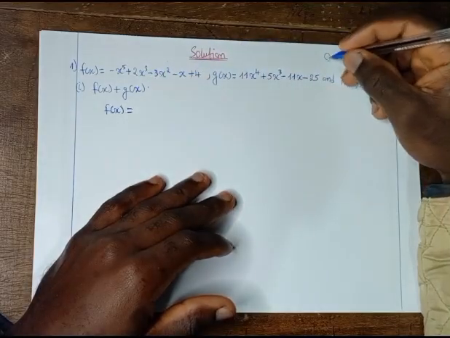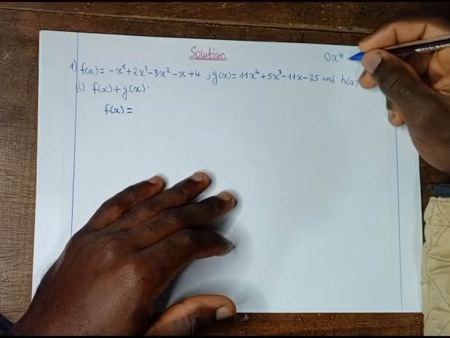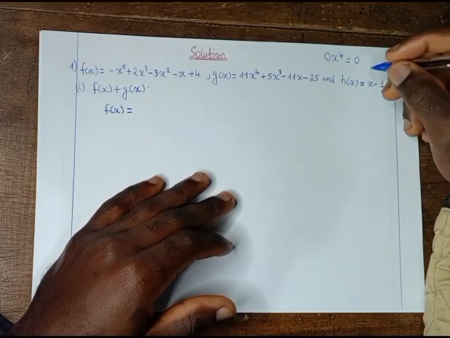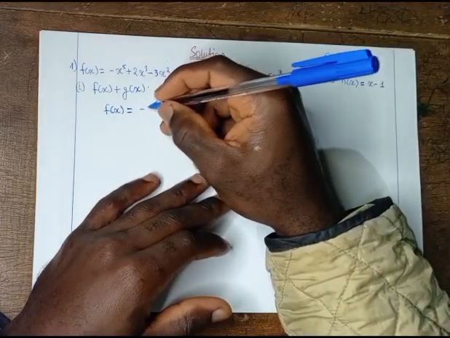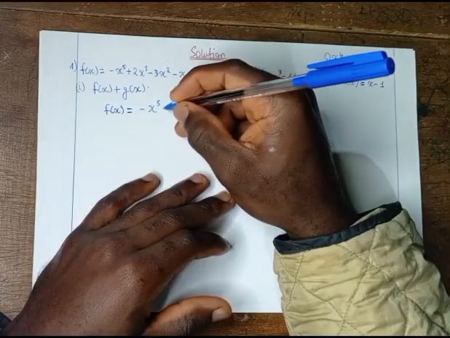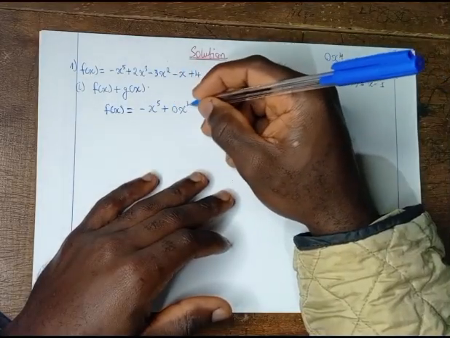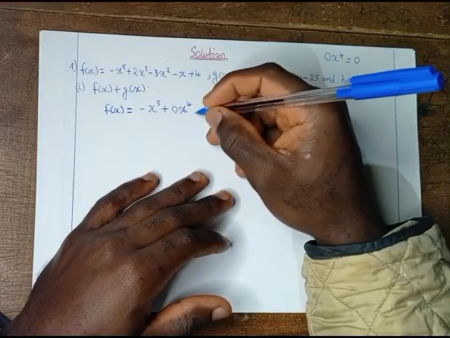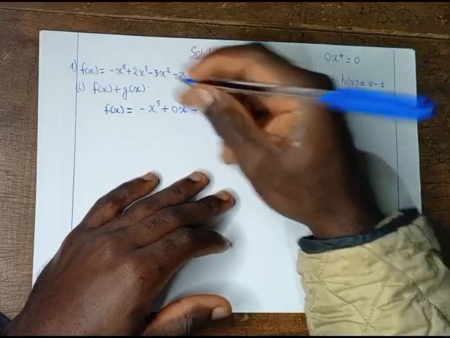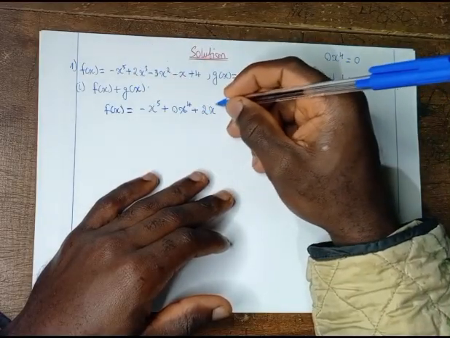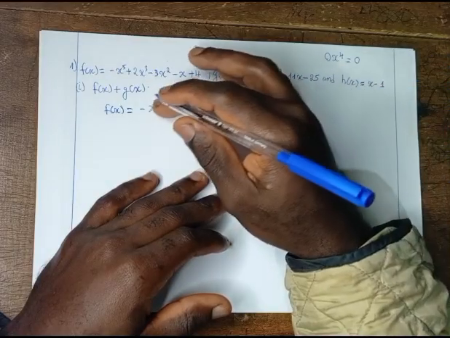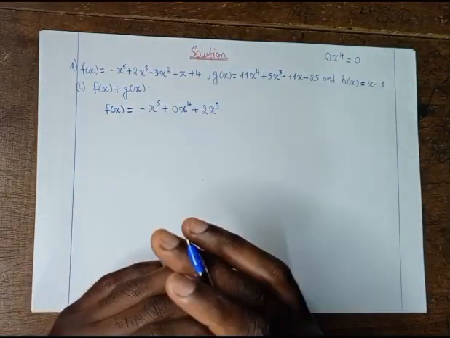We know 0 times x to the power 4 is the same as 0. This will give us negative x to the power 5. We're going to add the term 0x to the power 4 plus 2x cubed. Here there's no difference.